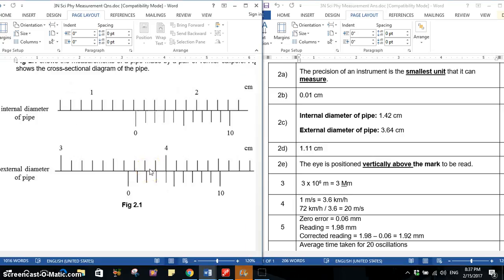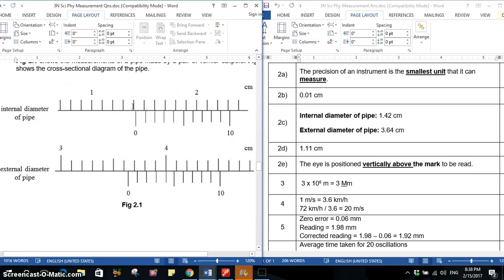Part C. This requires us to look at our vernier calipers. So now let's take a look at our vernier calipers. First thing, we check if it is a cm or an mm scale. In this case, this is a cm scale. So if this is 1, this is 2, so this has to be 1.1, 1.2, 1.3, and 1.4.